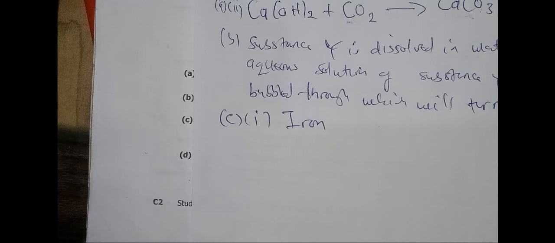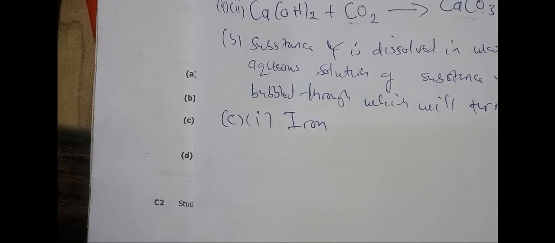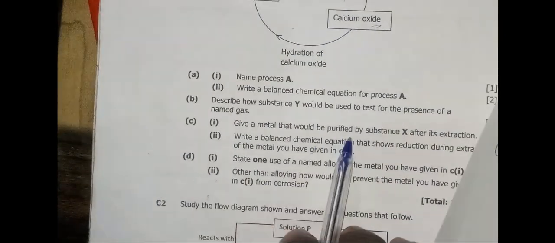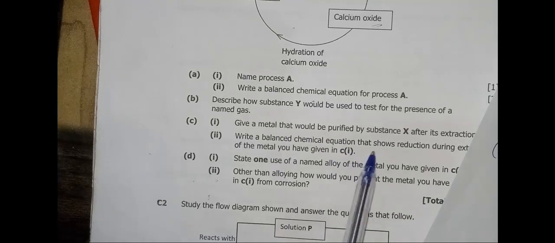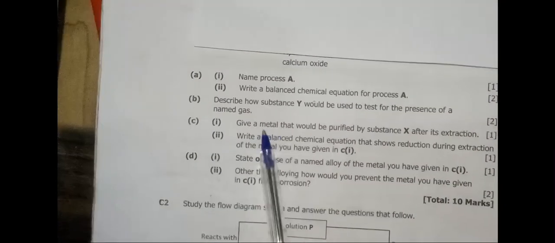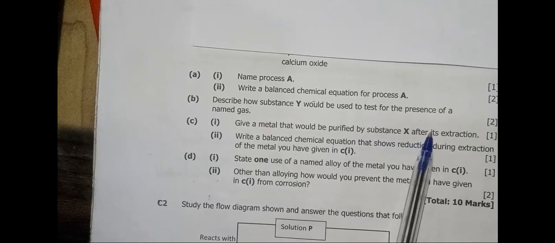So the purpose of limestone in the extraction of iron is to purify the metal, which is iron, during its extraction. So they have said give a metal that would be purified by substance X after its extraction. So it is iron.